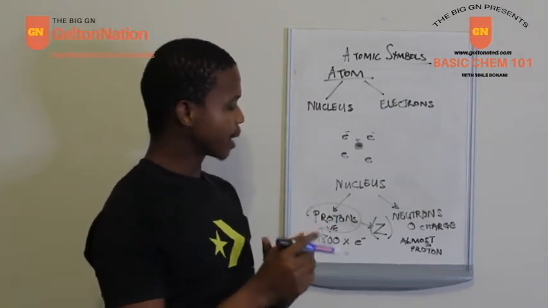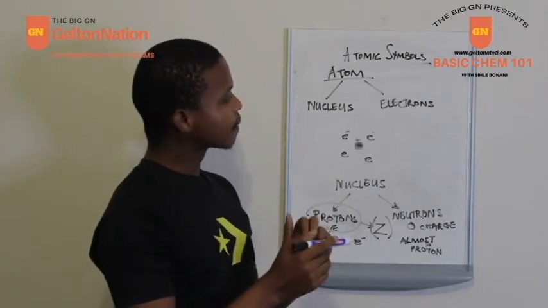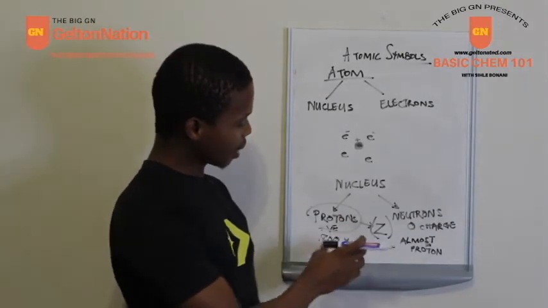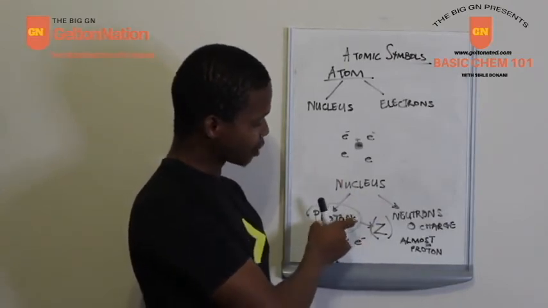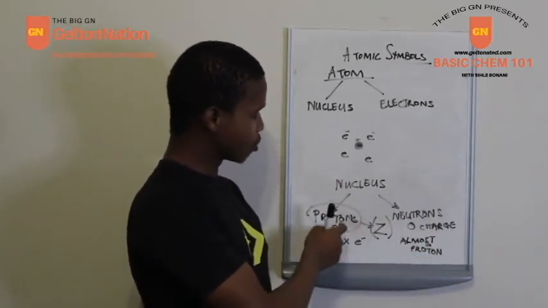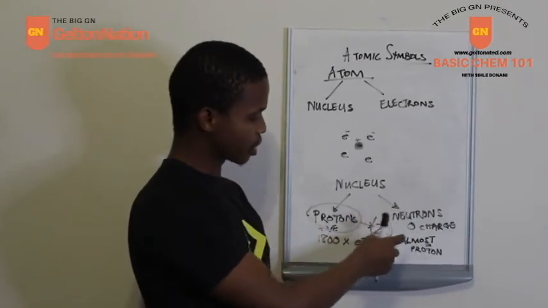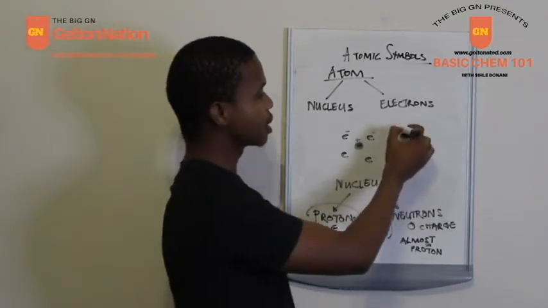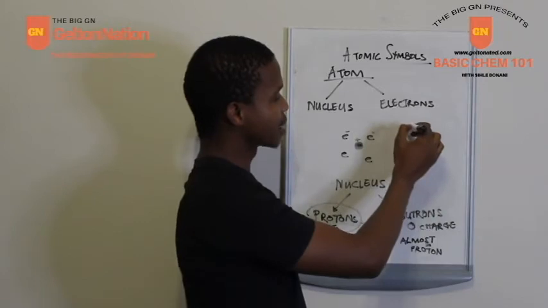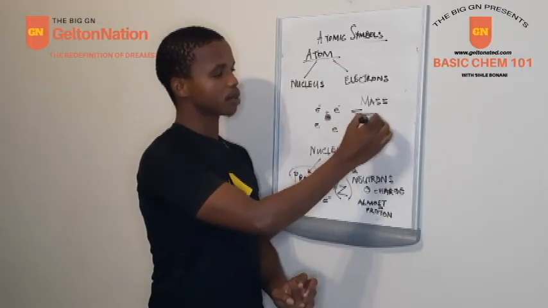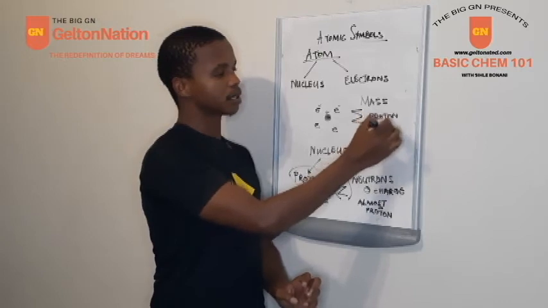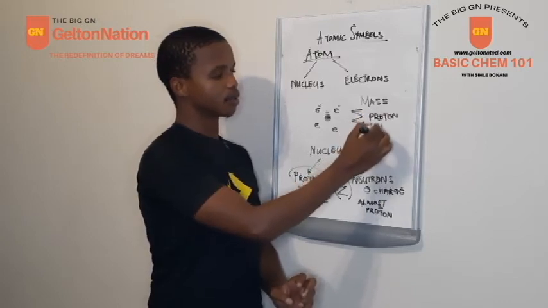Now you also find that when you add the total number of your protons and neutrons in your nucleus, you get what is the mass number. Mass number is a sum of your protons and neutrons.